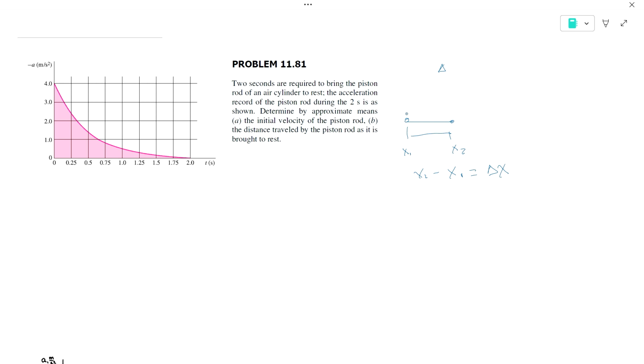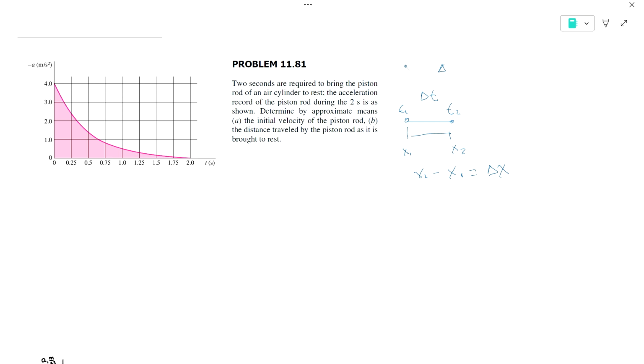And the time that passed between the moment where the object was at x1 and the moment when the object was at x2, kind of like a race, you can get those times, or you use a timer. As long as you know the times, you're going to have a delta t, and that delta t could be 1 millisecond, 1 hour, 1 day, 1 month, whatever that happens to be.